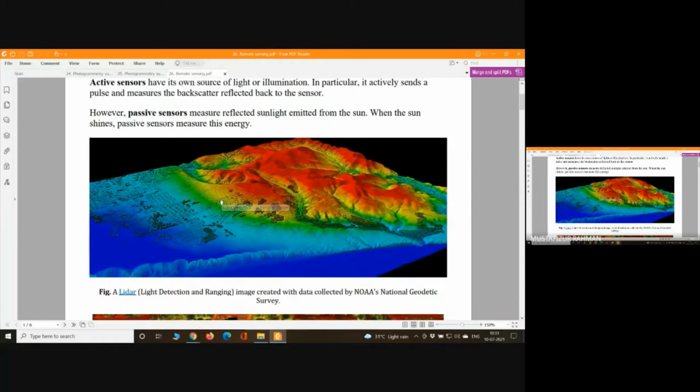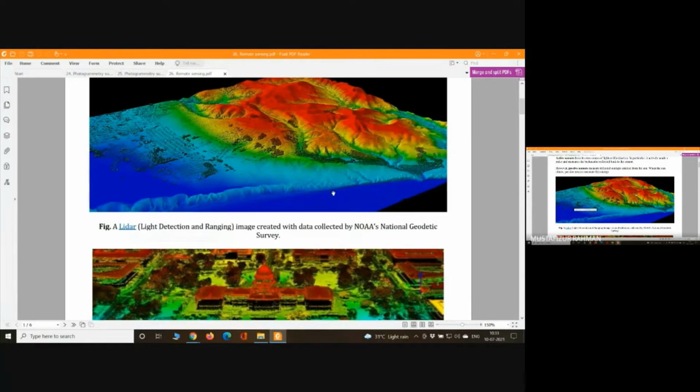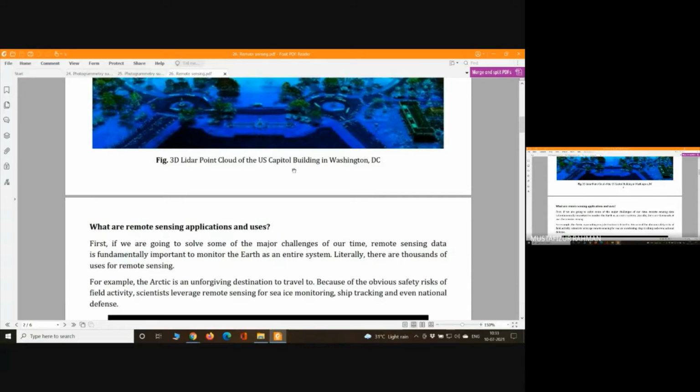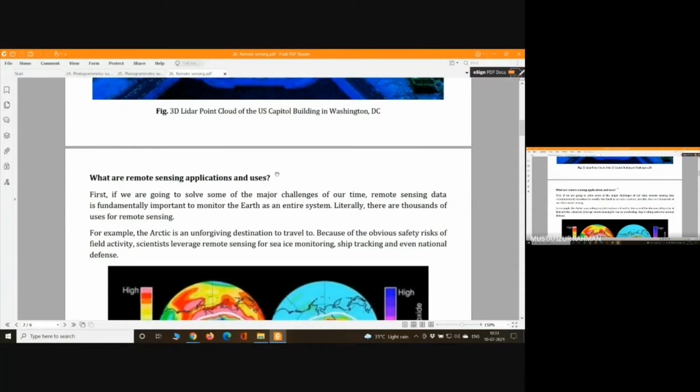This is an image taken by LiDAR technology, which is light detection and ranging. This is part of remote sensing. Here we can see the color coding. There are different items, and according to that, the energy absorbed and the energy reflected will be different for different materials. Based on these, we will prepare maps.